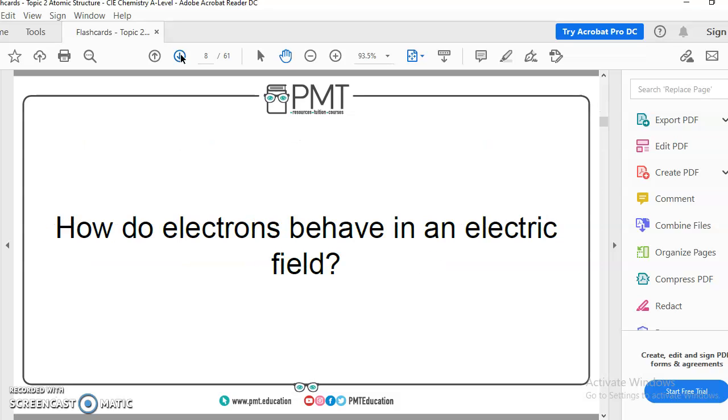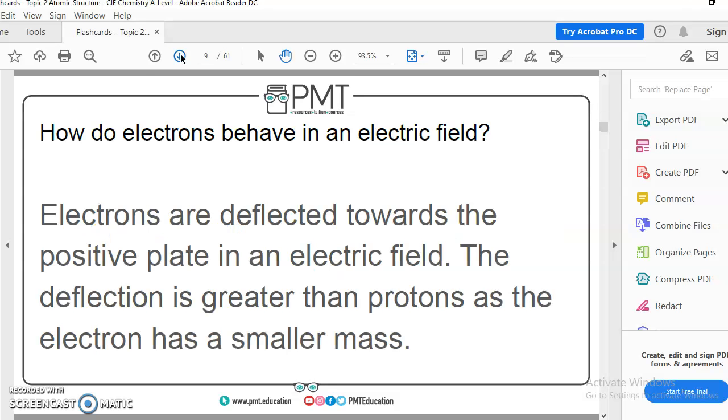Now what will be the behavior of electrons while passing through an electric field? Electrons are deflected towards the positive plate because they are negatively charged, and this deflection is greater than for protons because electrons are smaller in mass, so they are more speedy, and they will show more deflection towards the positive plate.